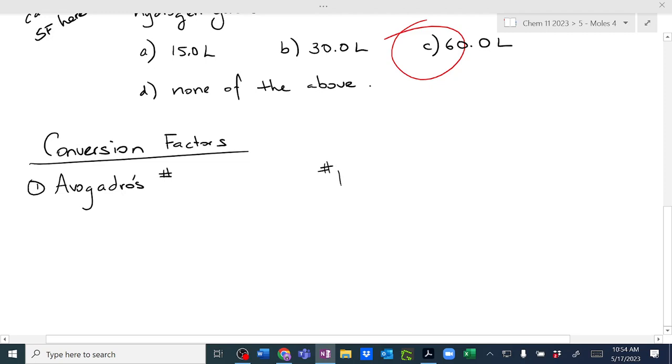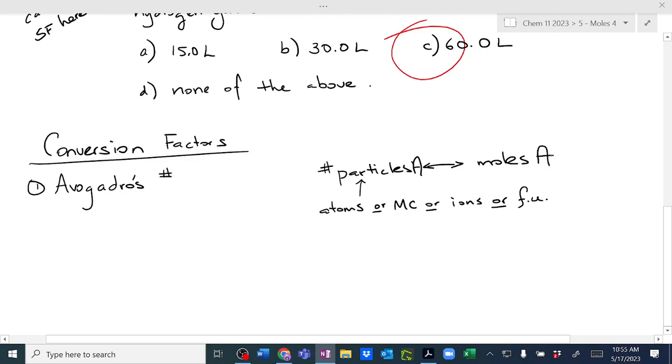The number of particles and the moles. When I say particles, what does that mean? Those could be atoms or molecules or ions or formula units. And this is particles of A. You can find moles of A. All right, so that's Avogadro's number.